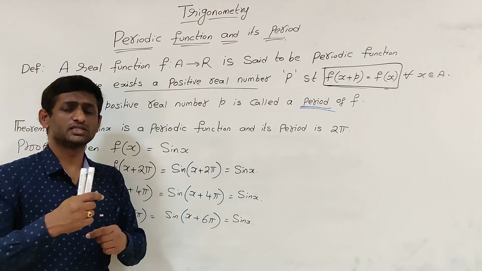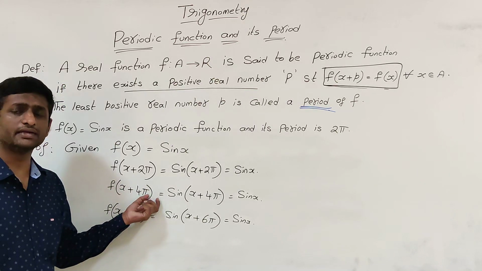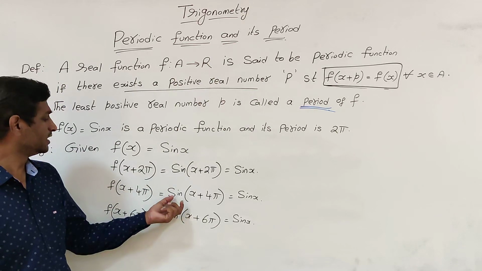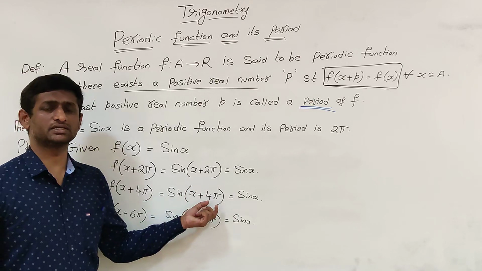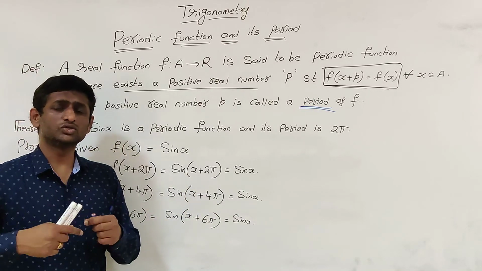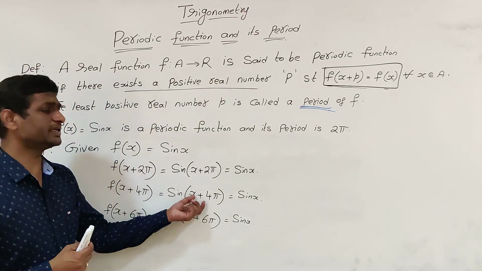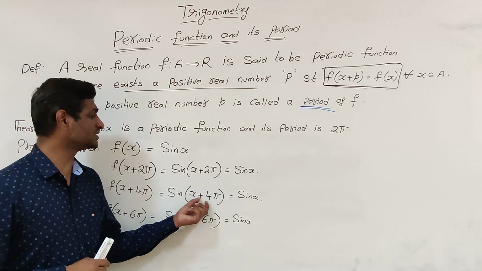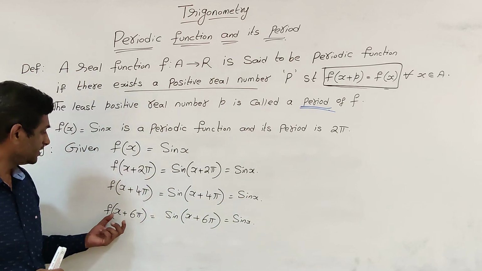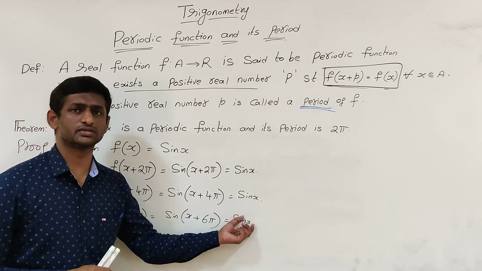That is for one turn, 360 plus theta. Now f of x plus 4 pi is also again sin of 4 pi plus x. 4 pi means it is 720 degrees, which means 2 turns of a cycle. Again it lies in the first quadrant. Sin of 4 pi plus x is also sin x. Means f of x plus 6 pi, sin of x plus 6 pi, is equal to sin x.